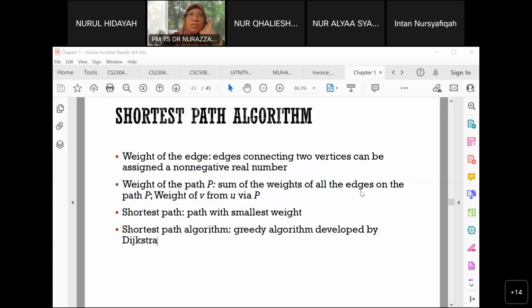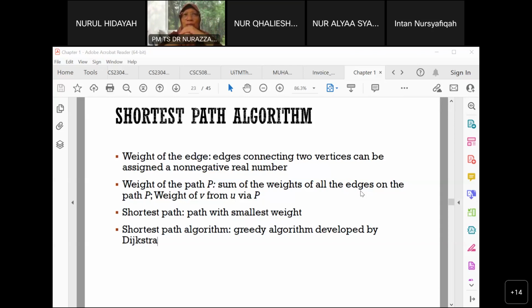And then we also have discussed the application of graph. For example, you said, okay, kenapa saya nak belajar graph ni? Apa application ni kan? So one of the applications is the shortest path algorithm.